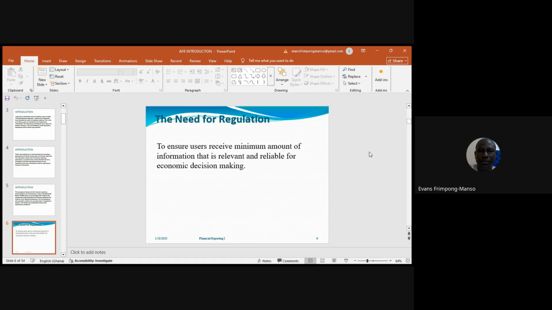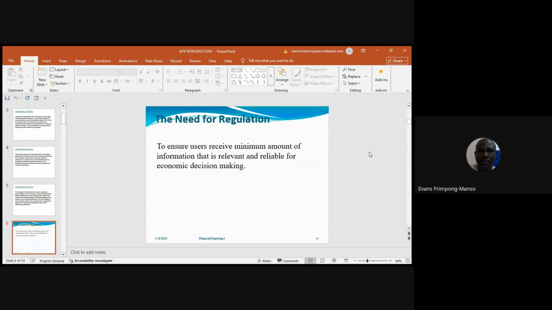So the need for regulation is that it will enable the preparers of the financial statement to at least have a threshold of information that they have to give the users, which will be relevant and reliable for their decision making.